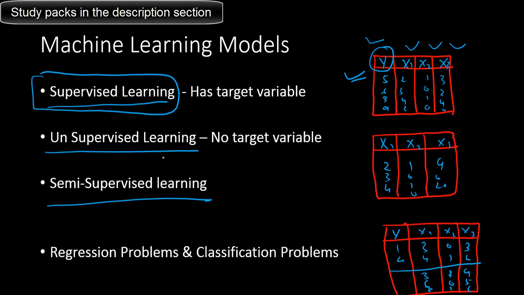On the other hand, in unsupervised learning, you do not have a target variable. The one thing that you have is your predictors. In that case, it is not going to be able to tell you which category a particular data point belongs to. All it can give you is different categories without labeling them. This is a label, right?